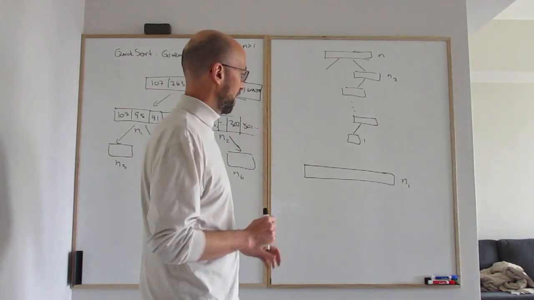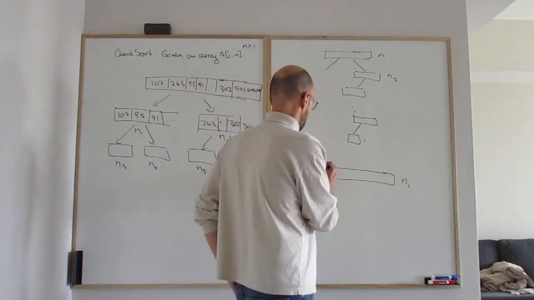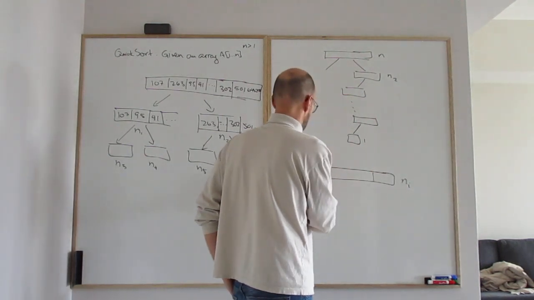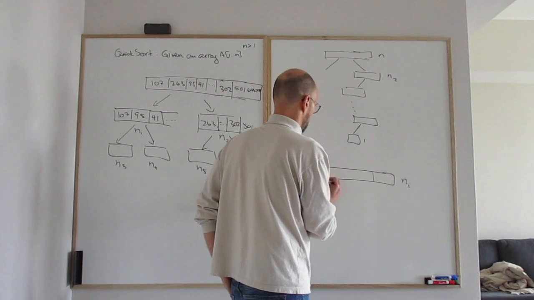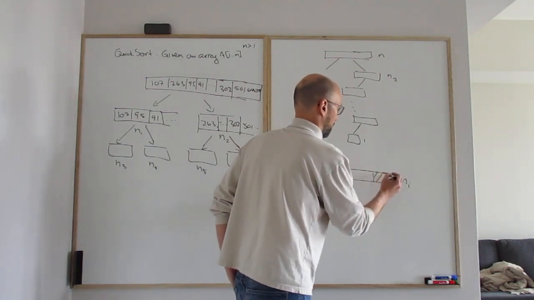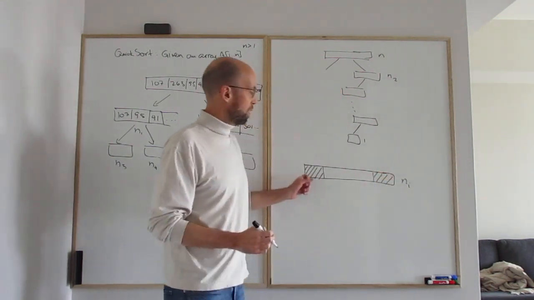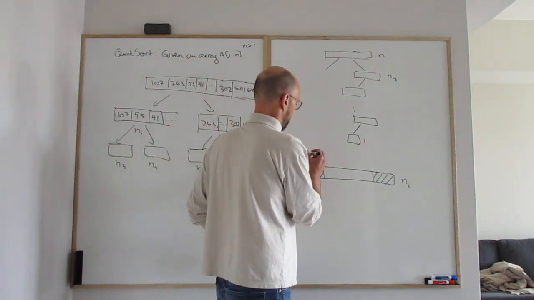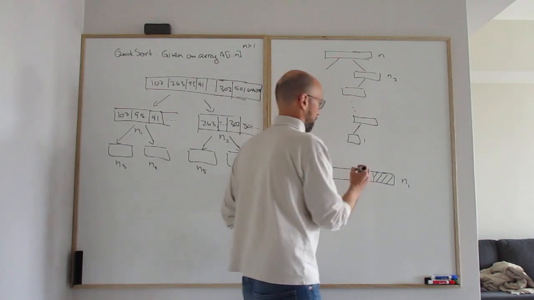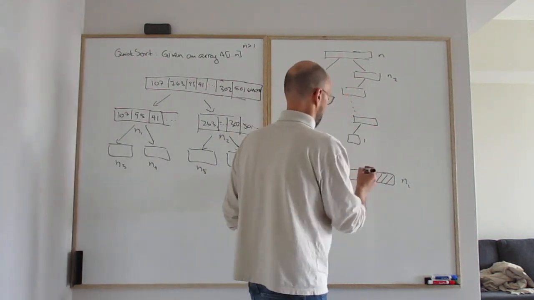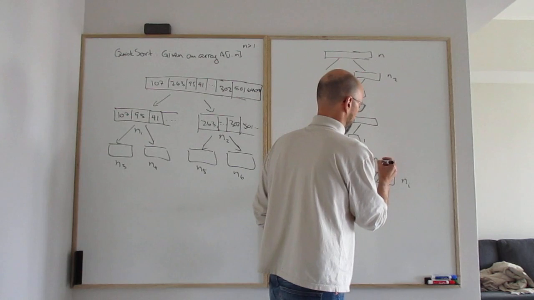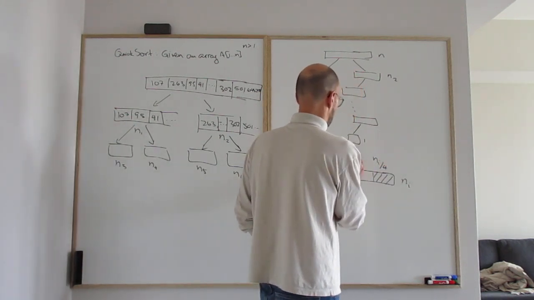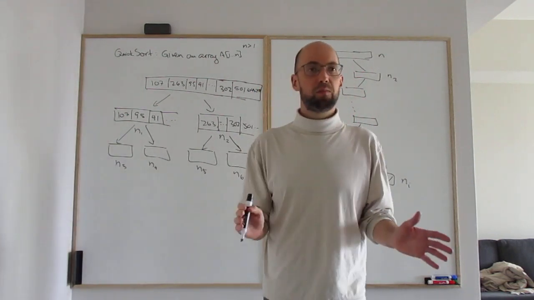So we have n_i. Now, what I'm going to say is, I don't like it. I consider it a failure if I pick a pivot that's either in the first quarter, so this is also n_i over 4, and then if I pick it in the middle, n_i over 2, then I'm happy.